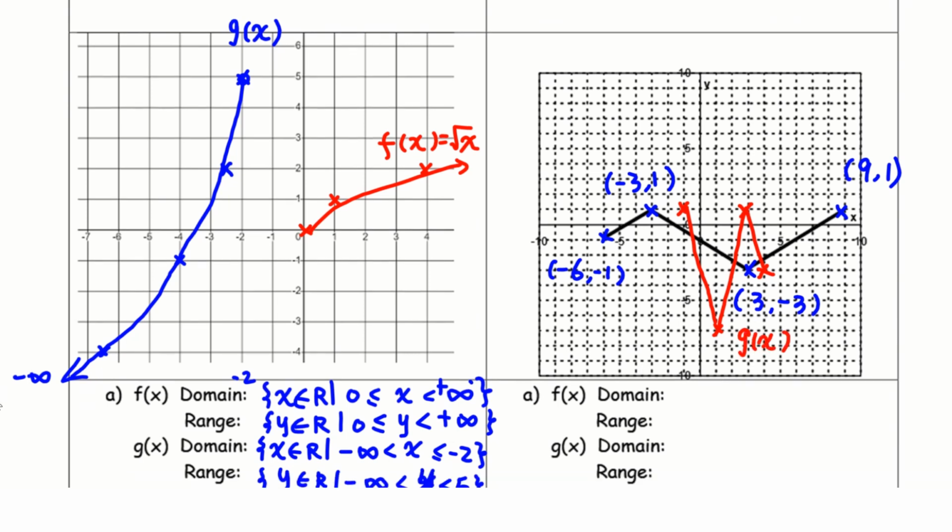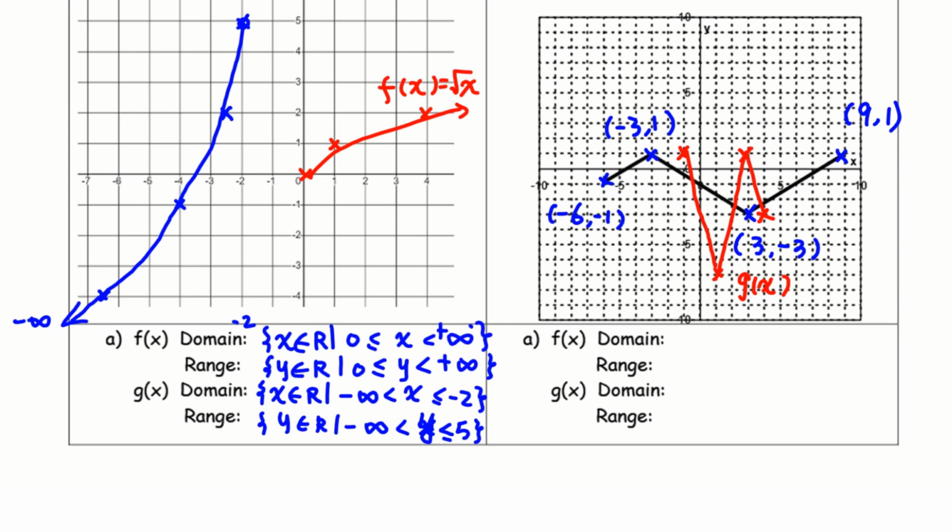And for the parent function, the domain is from the minimum to maximum, the very left to the very right. For the parent function it is from negative 6 to 9. So the domain will be x, because it is a continuous line, so x belongs to all real numbers. Then minimum, maximum, put x in between, no open dots, so it's less than or equal to.